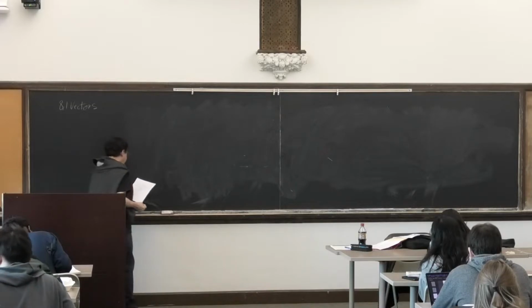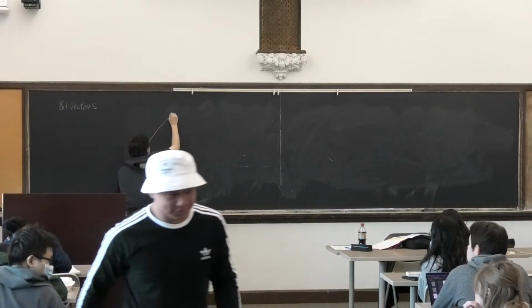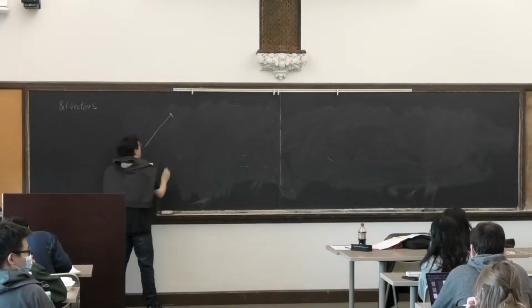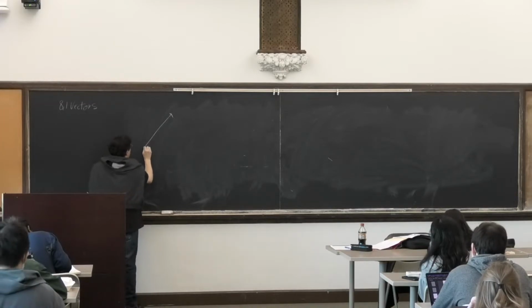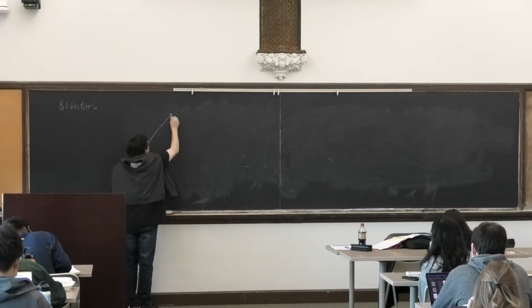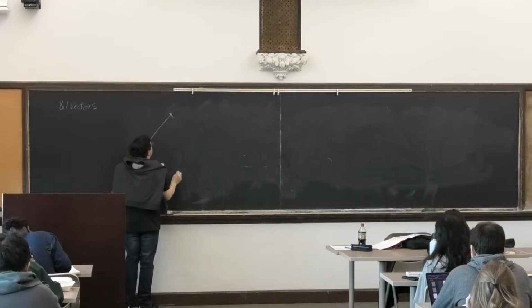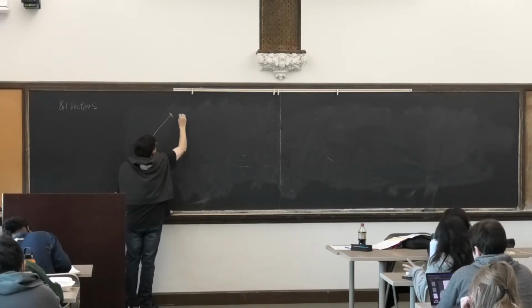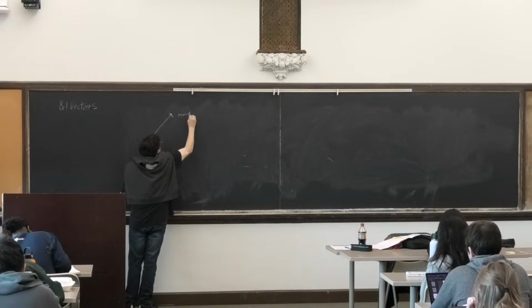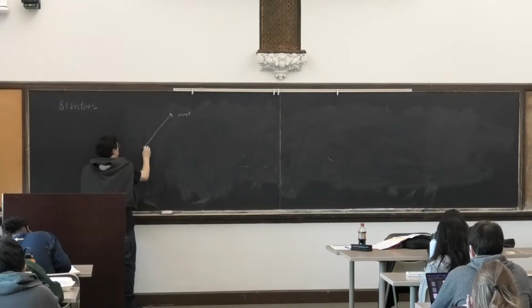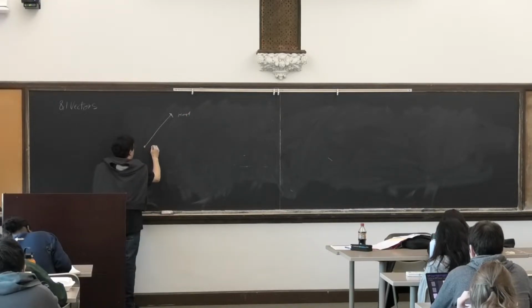Okay, so we have this thing, we call it a vector, and we represent it by a line. Again, we put a little arrowhead on the top, call that the head. And the origin, where it comes from, we call the tail.